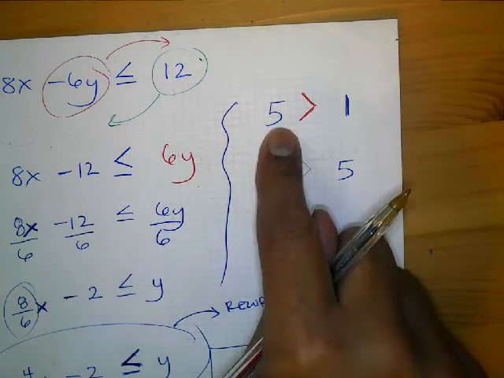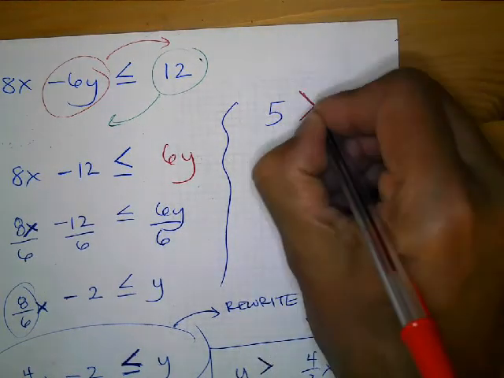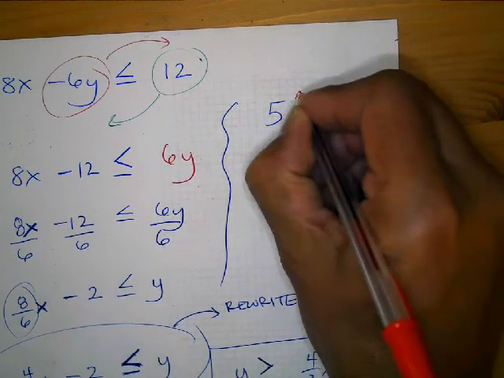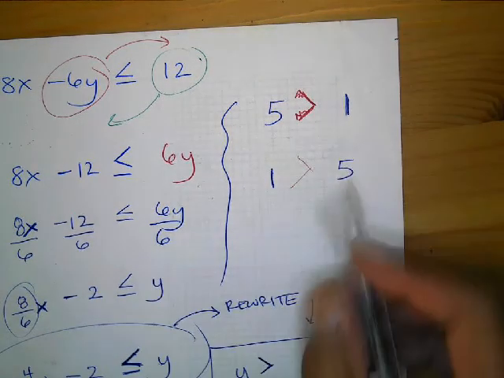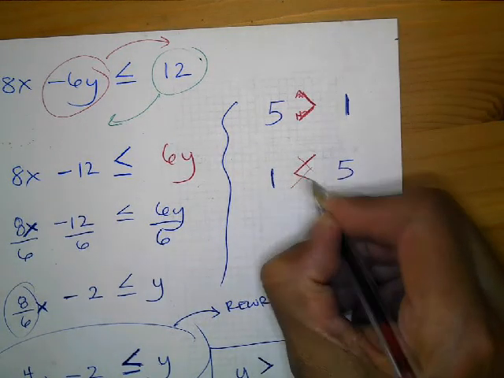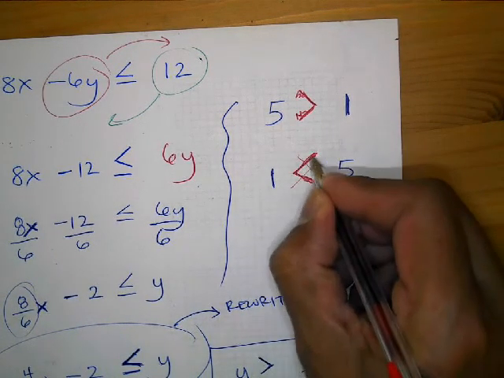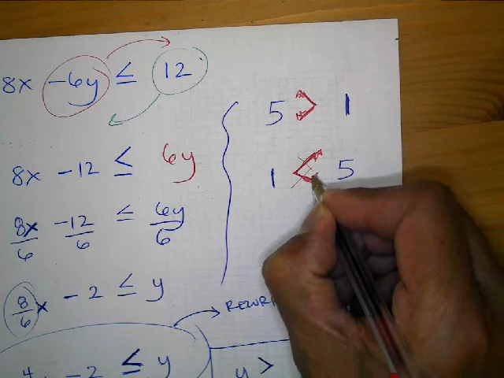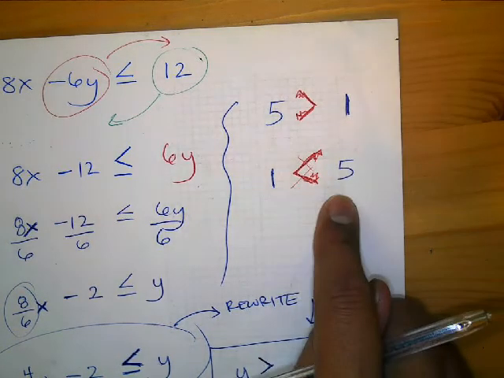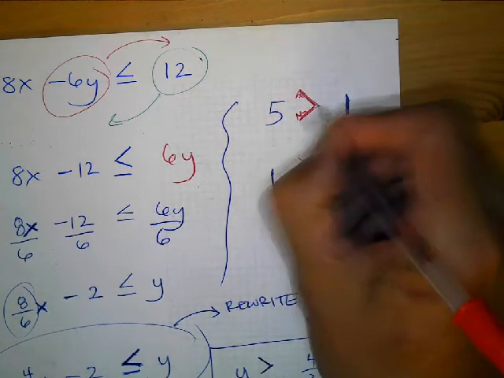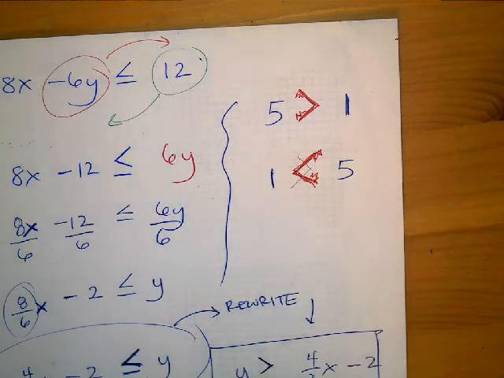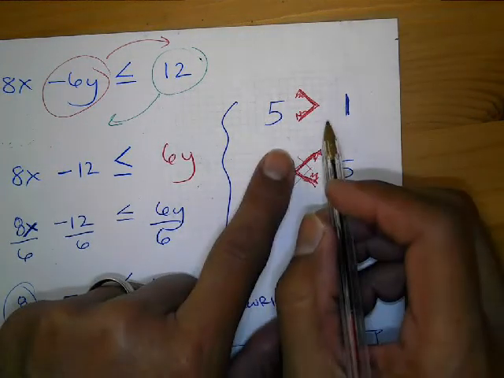Then you're going to say that 1 is greater than 5. So you have to read it from the numbers and just know which one's bigger. If the 5 is bigger, well then the mouth is opening to the bigger part. And when I switch it, well then this also has to switch, because these two are actually saying the same thing. They look different.